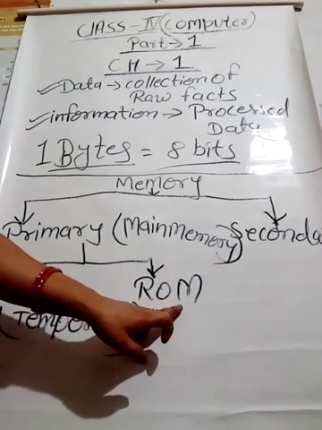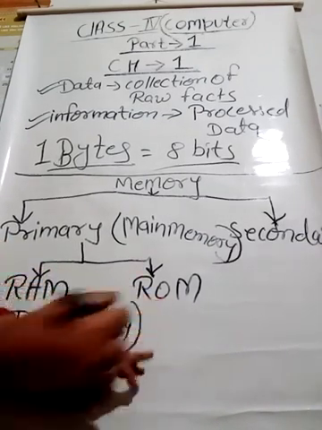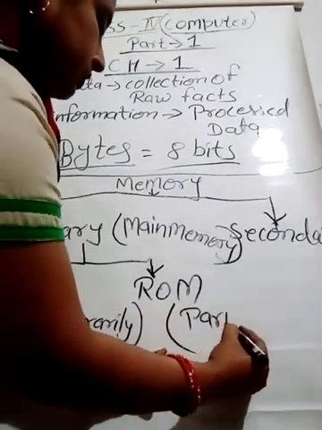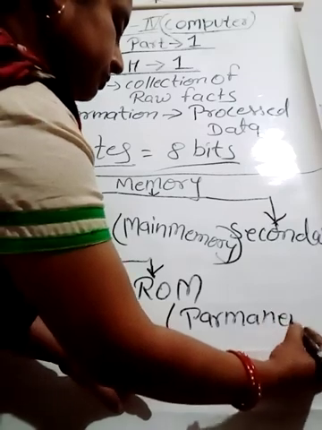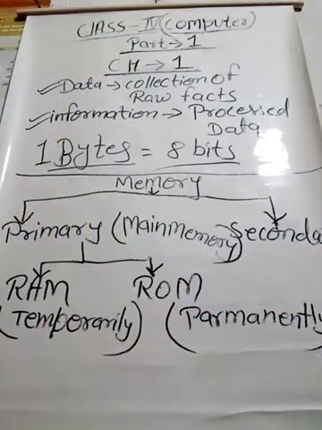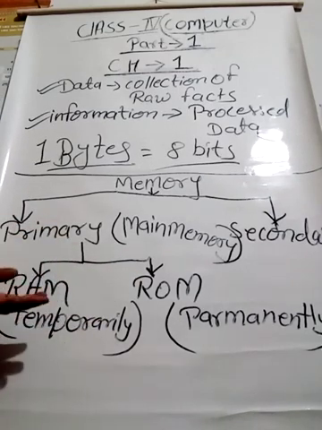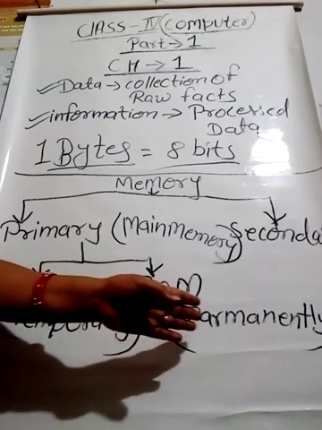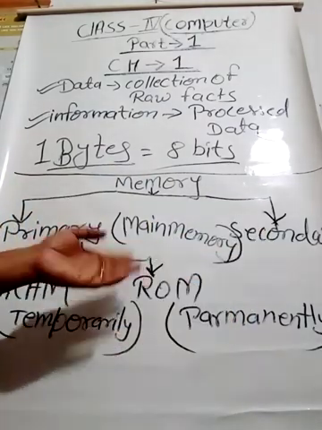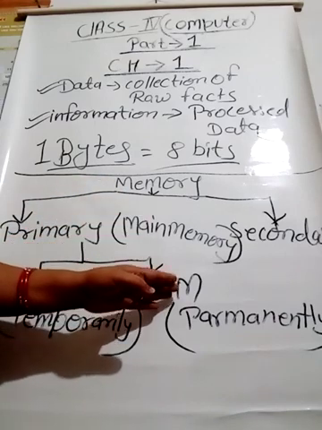ROM stands for read only memory and it stores the data permanently inside it. Once the computer is switched off and we switch it on again, we can see the data or information which we have already stored inside the computer. It is stored in the ROM.